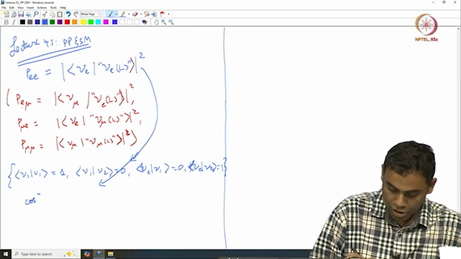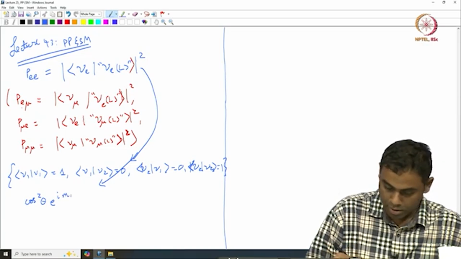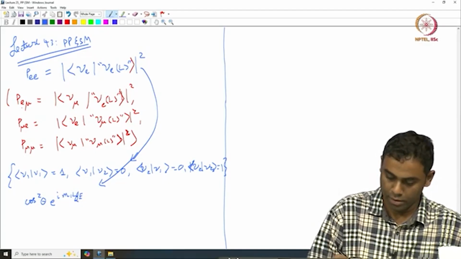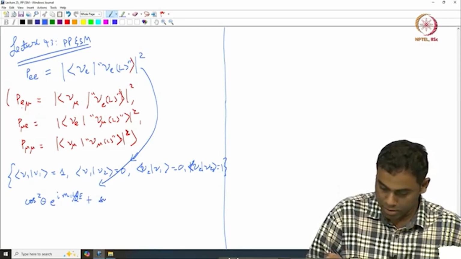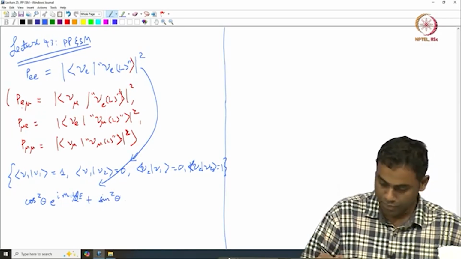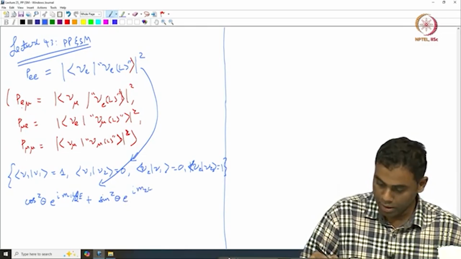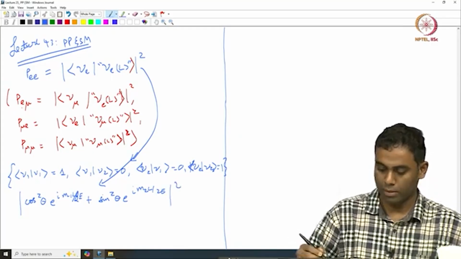So I'm going to make use of that to get that sandwiched probability is, there's a 2 here, 2E, plus sine square e power minus m2 L over 2E, absolute value squared.